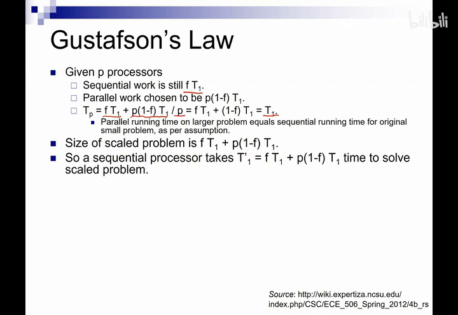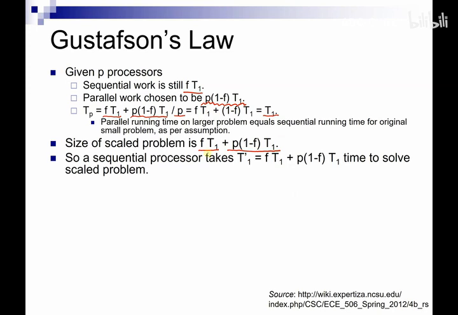Now that we know how much parallel work we have to do, we can look at the speedup that we're getting. The size of the scaled problem is going to be the sequential part plus the amount of parallel work, which again is this much. If you try to solve the scaled problem on a sequential processor, how much time is it going to take?